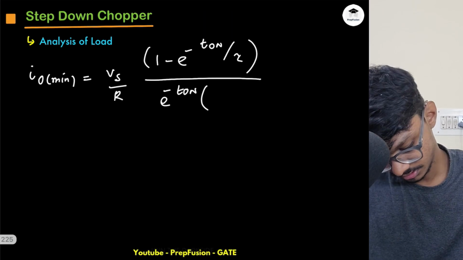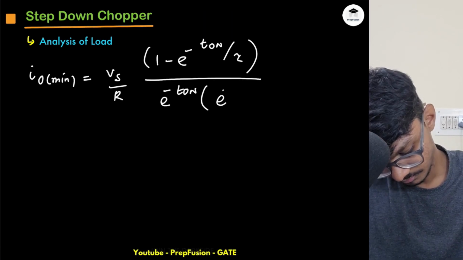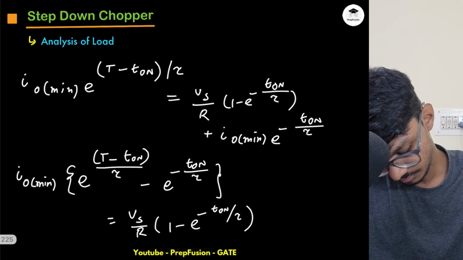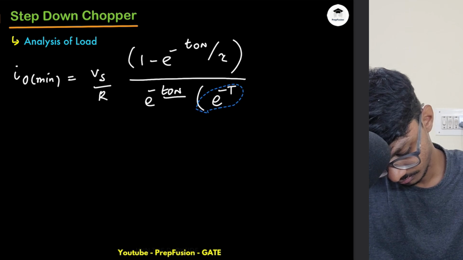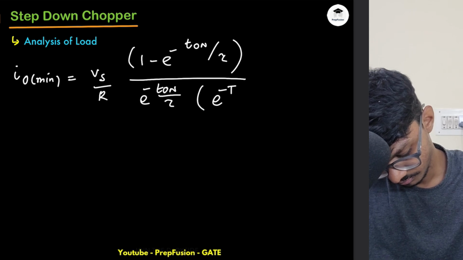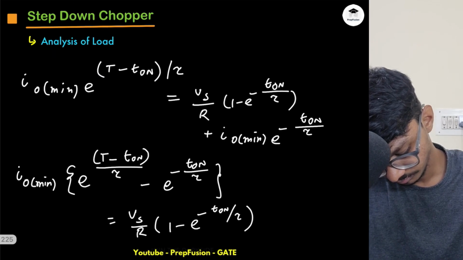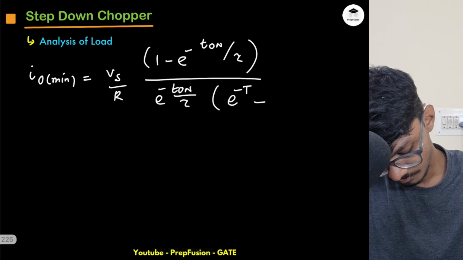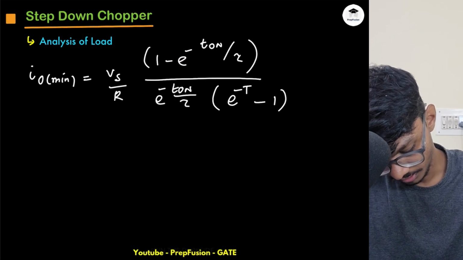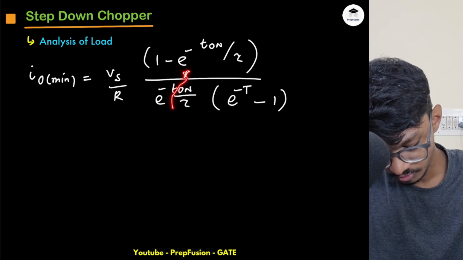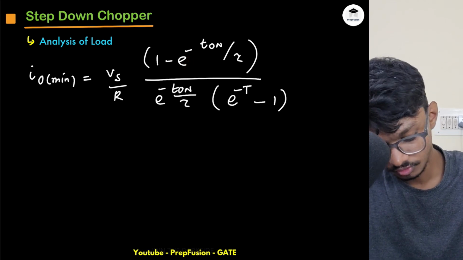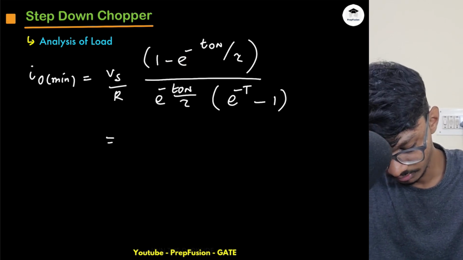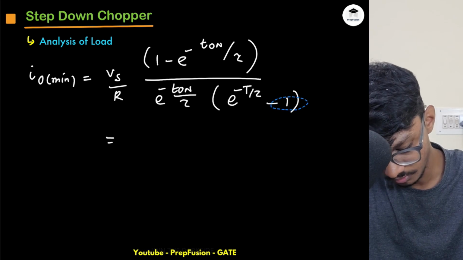E raised to power minus T on upon tau is there actually, minus 1. Now if I multiply e raised to power T on minus T on here, this will be e raised to power minus T on, and this will be minus 1 only. So if I multiply minus on both sides, I will get my answer as this. So this will be capital T upon tau.